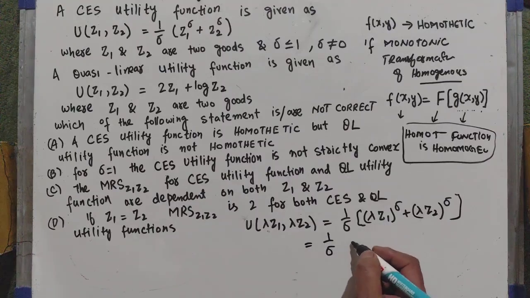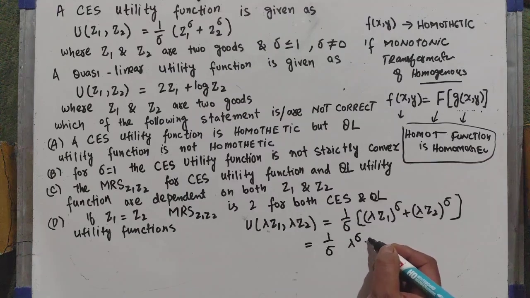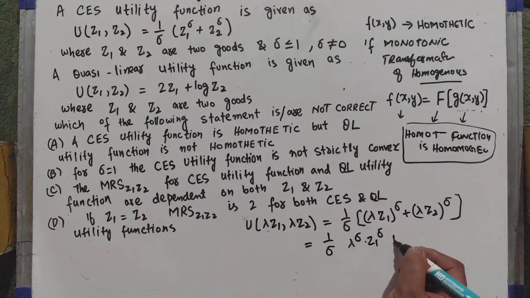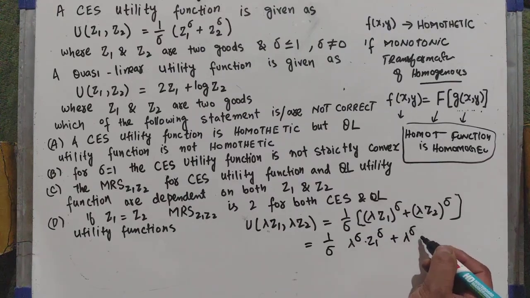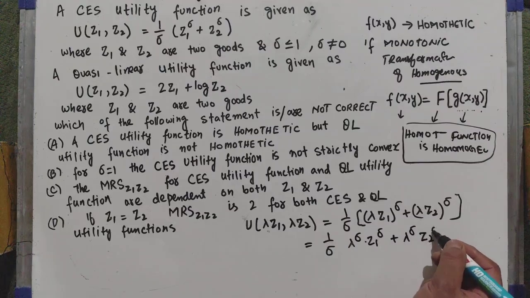So let's take lambda common. So we have lambda raised to power delta times z1 raised to power delta plus lambda raised to power delta times z2 raised to power delta.